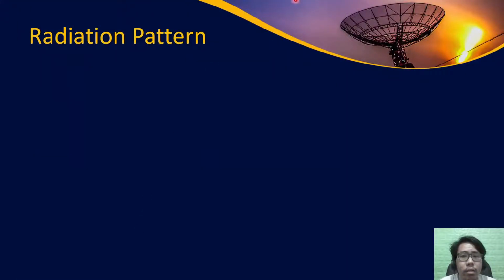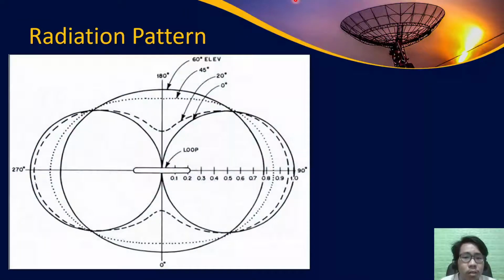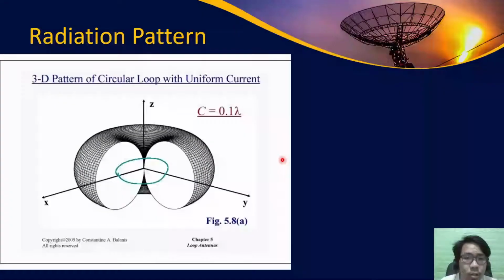So here is the radiation pattern of our loop antenna. Here is a two-dimensional view of our radiation pattern. As you can see here, this is the top part of the loop. The loop is actually here at the center, and the propagation of the electromagnetic signals is horizontal here.